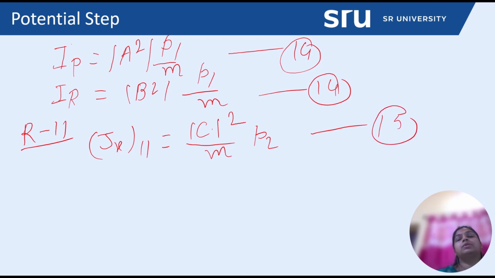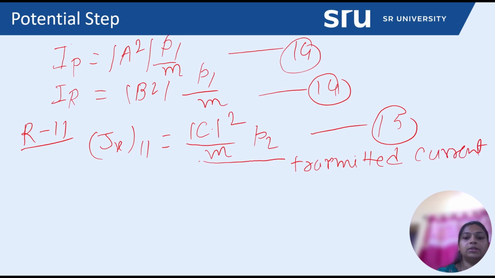This term represents the transmitted current, or we can write this as I_T. So R is basically the magnitude of the reflected current to the magnitude of the incident current, and T is the magnitude of the transmitted current to the magnitude of the incident current.